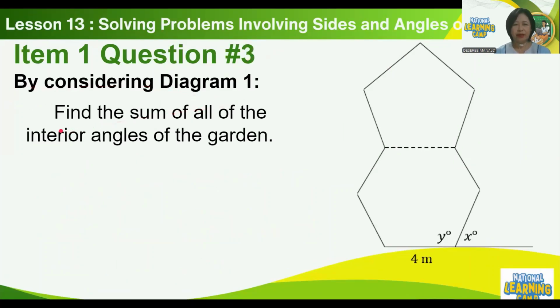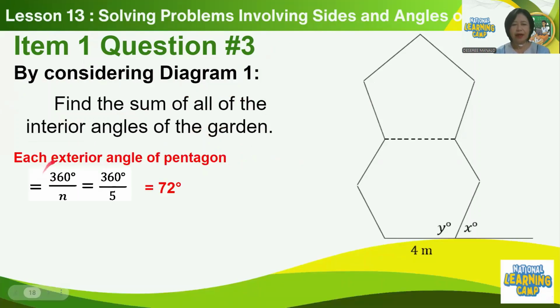Item 1, question number 3. By considering the diagram again, find the sum of all the interior angles of the garden. Find first each exterior angle of a pentagon. Again, 360 degrees divided by n. Pentagon means 5 sides, so 360 degrees divided by 5 is 72 degrees. That is the measure of each exterior angle of a pentagon.